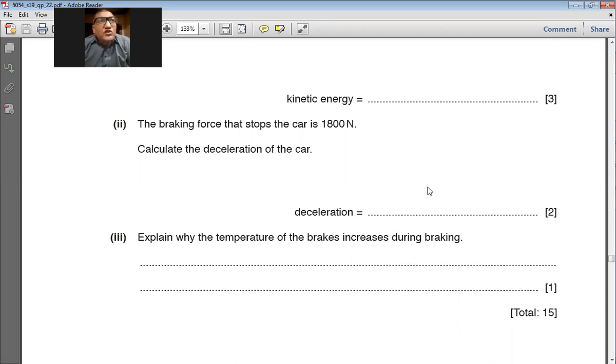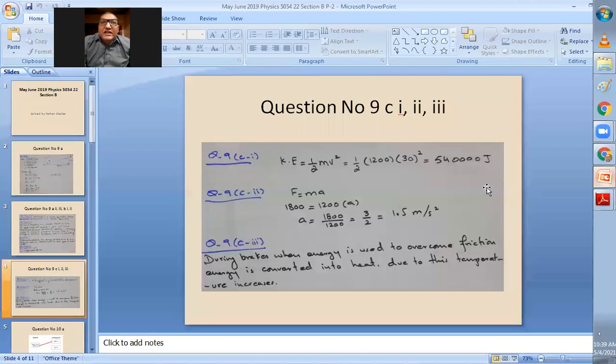So by using Newton's second law of motion, F is equal to ma, the force is given, the mass we know, we can find out the value of the acceleration. The value of a will be equal to F divided by m. I've done this on a paper. Let me show you my answer and then we'll check them.